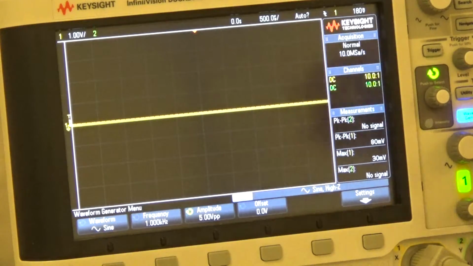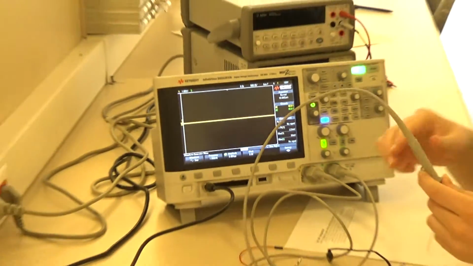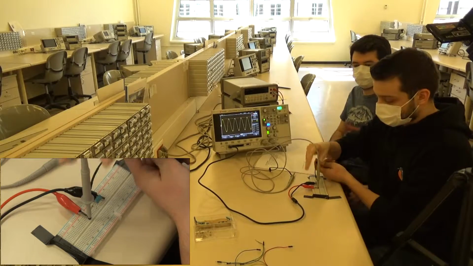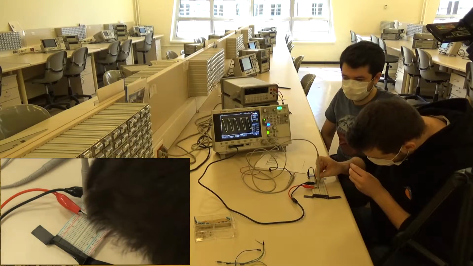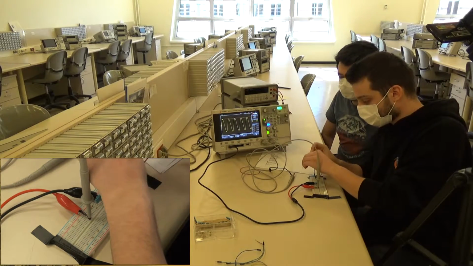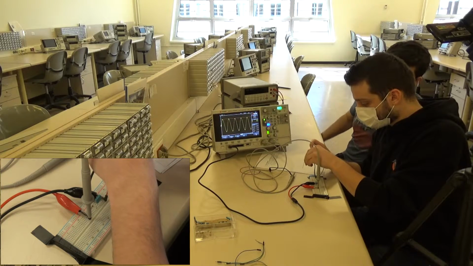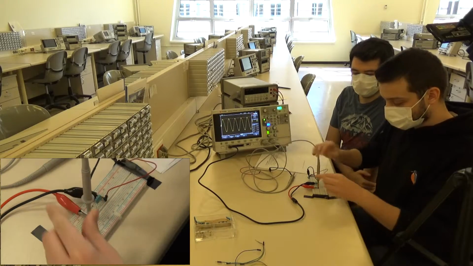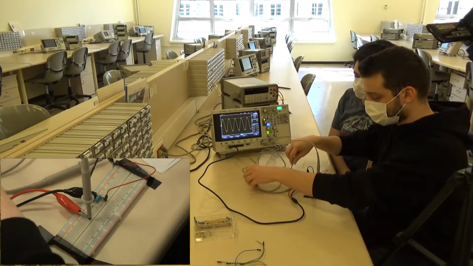To measure it, I will put the first probe, first channel, as input, and I will put it here and connect the negative side here. This is the first channel, and to the second channel I will connect the output.